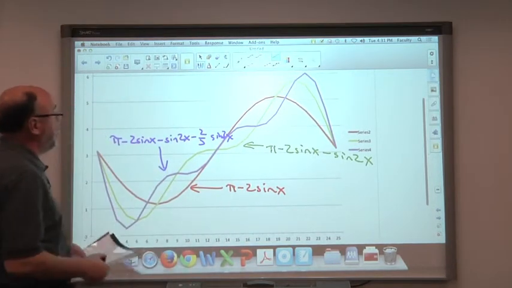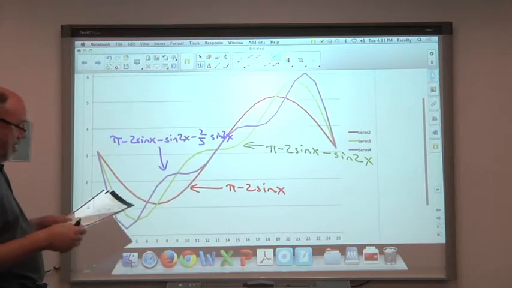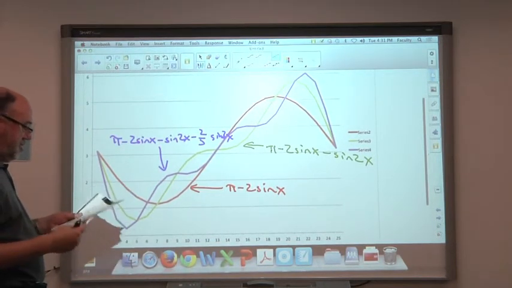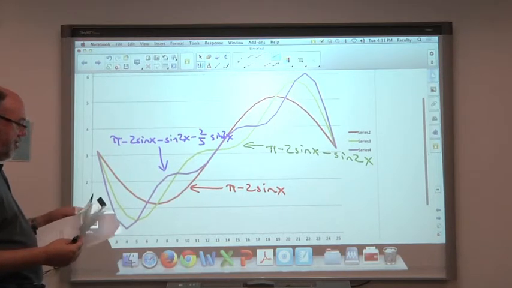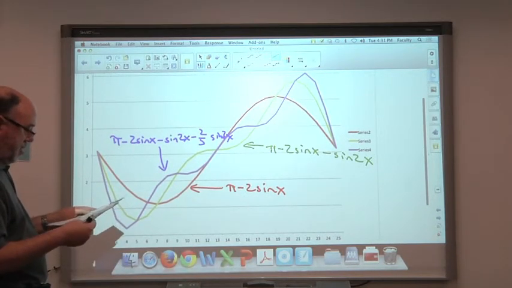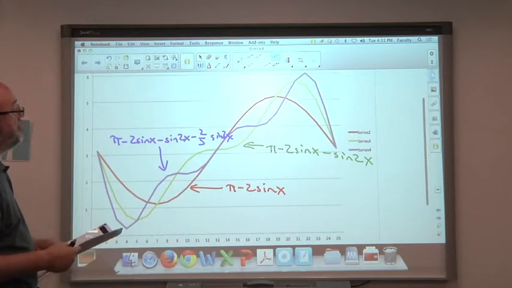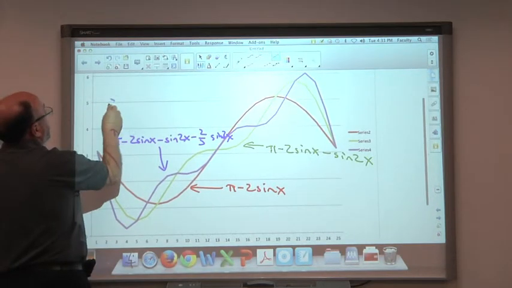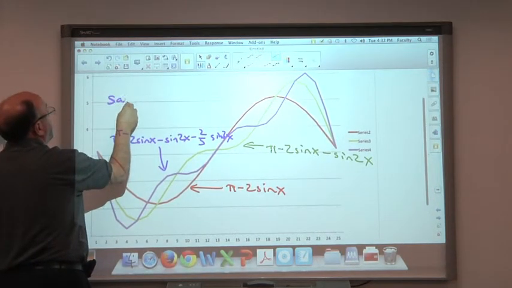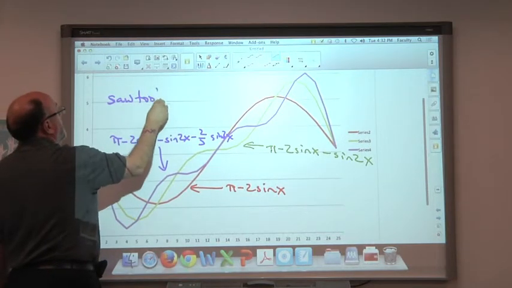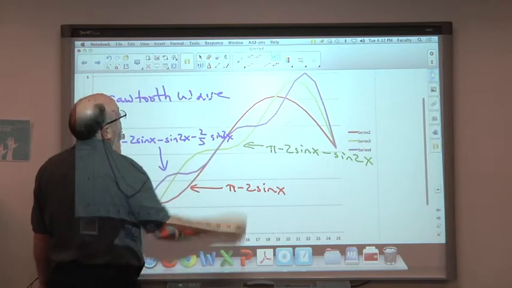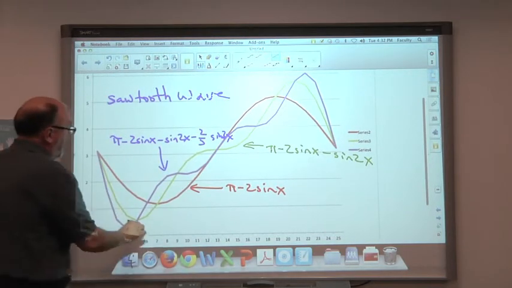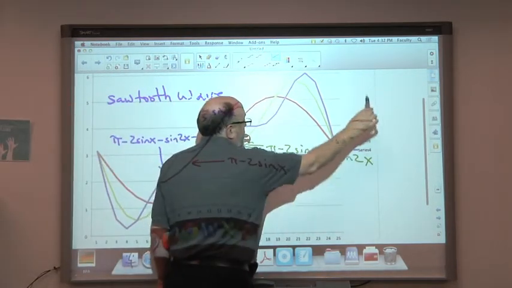So the more terms I add, we can see that this is becoming a sawtooth equation, right? So it goes down, goes up, goes down, goes up, all right?